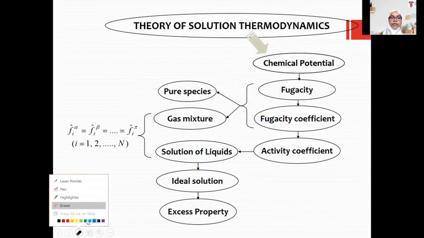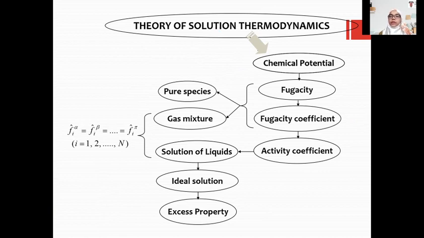Okay, from the previous chapter, we have learned about the theory of solution thermodynamics, that the composition can be introduced from the chemical potential, denoted by mu i. The chemical potential is based on the energy transfer or Gibbs energy due to the change of mole composition of component i at constant temperature, pressure, and the other compositions besides component i.